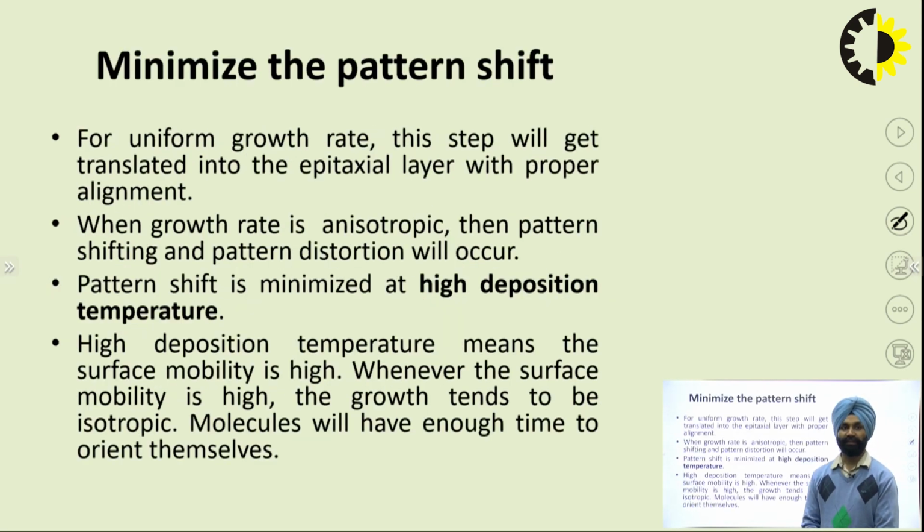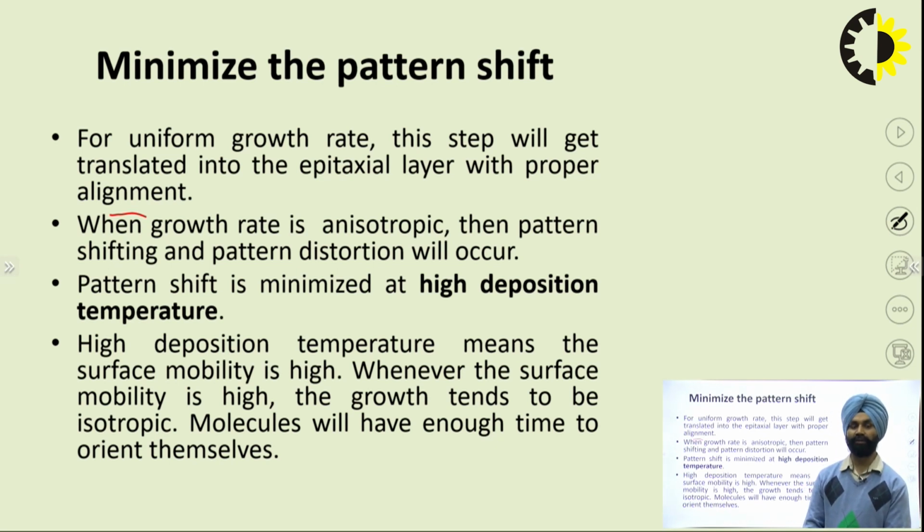So first thing, to minimize this pattern shift, that means if we want to have a proper alignment in all the layers that are grown, the first thing is to maintain a high deposition temperature.